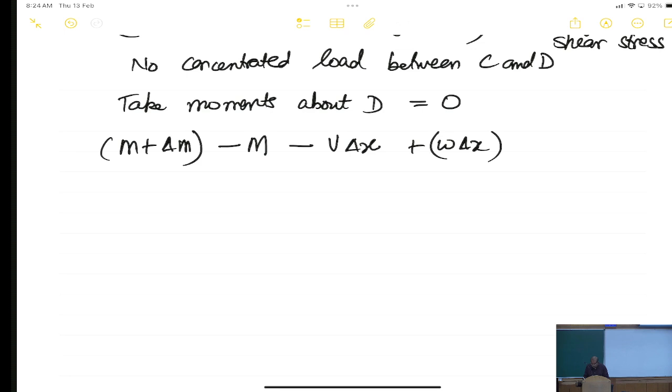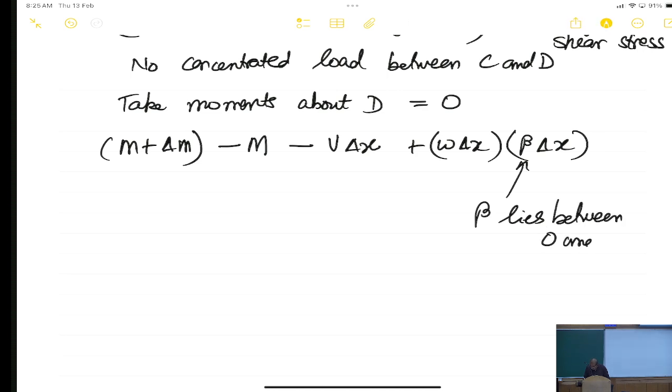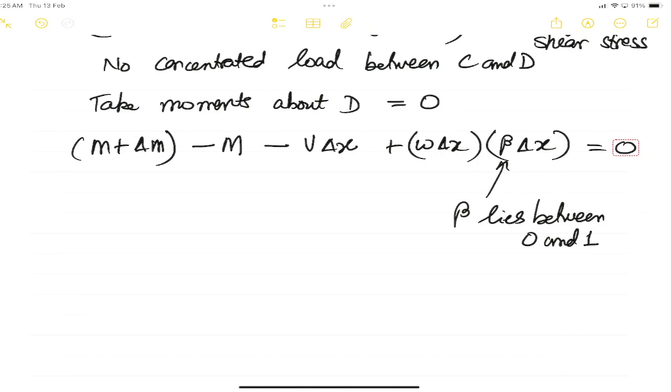Now, to that we have to multiply a factor beta, depending on the distribution of W. I have put that if W is uniform, then beta will be half.